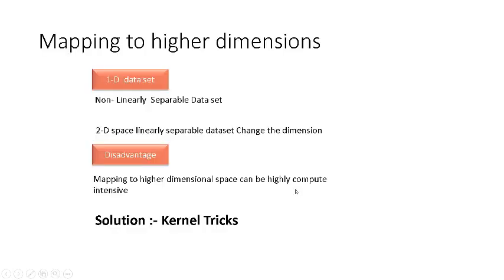Okay. So now, in the previous slide we understood what a hyperplane, a margin and support vectors are. Right now we're going to go into a different approach. In the previous data, all the data were linearly separable.